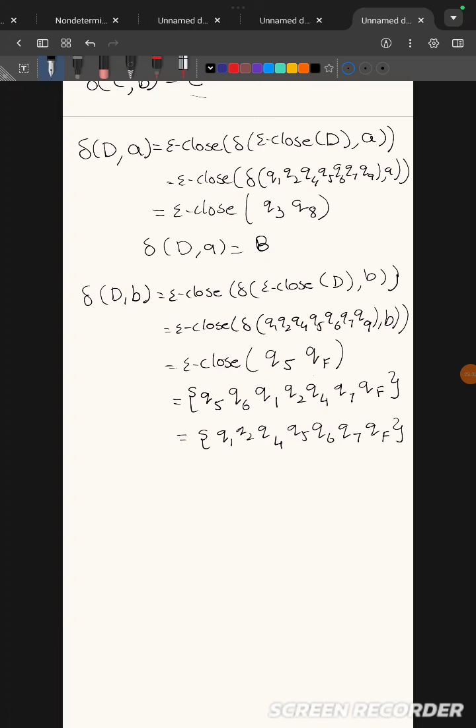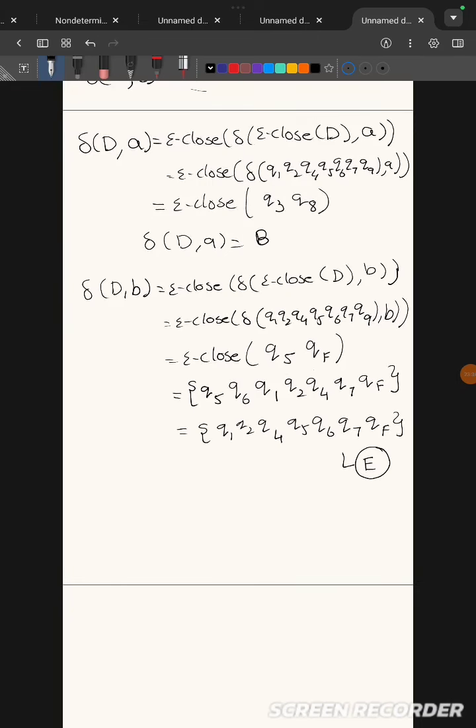Why are we rearranging this one? Because it will be easy for you to recognize whether we have already seen the state or not. If it is jumbled, each time you will think it is a different set of states and you will keep on renaming it A, B, C, D, F, G, H like that. If it is in an orderly format, it is easy for you to check whether it has earlier occurred or not. That's why we are rearranging, okay.